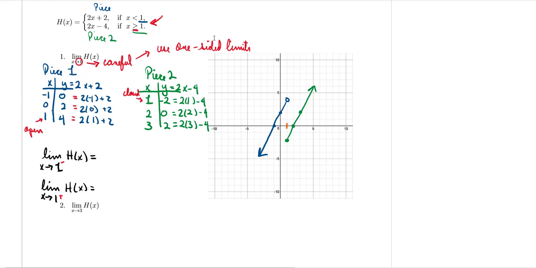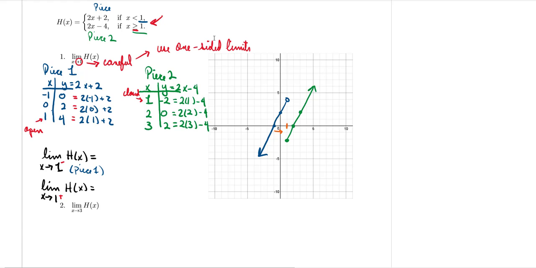You're getting closer and closer to 1 coming in from the left. If you notice, coming in from the left, it looks like the behavior of the function is the same as piece 1. So I'll just put here piece 1.